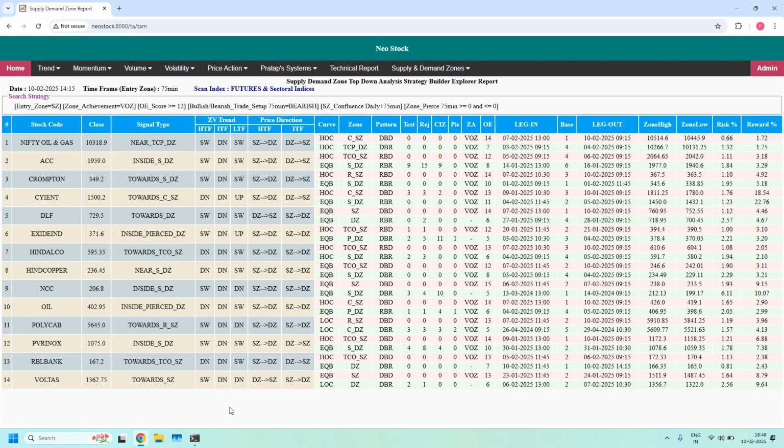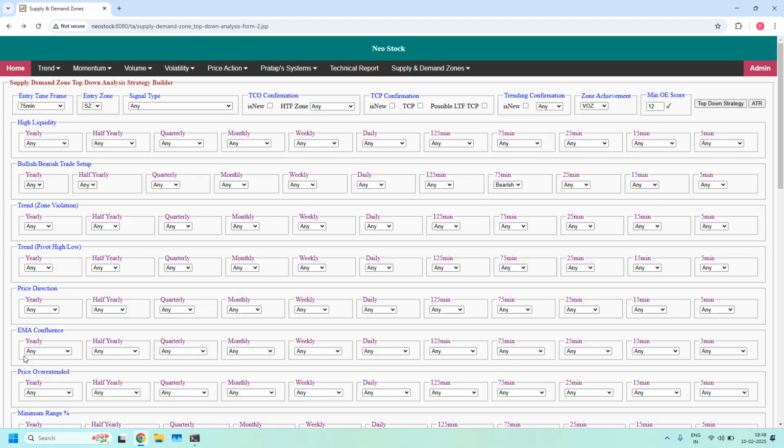Because the 75 minute supply zone is overlapped with the daily supply zone, if the daily supply zone is having daily EMA confluence, probably those stocks are even more high probability trade setup supported stocks. Probably these 75 minute supply zones might be having an even higher success rate. So let's verify.